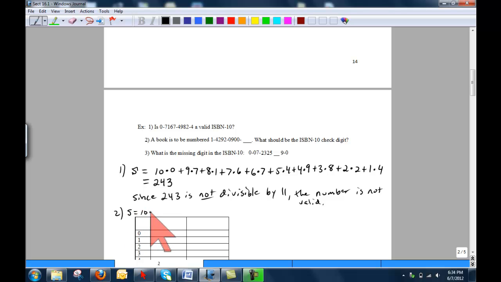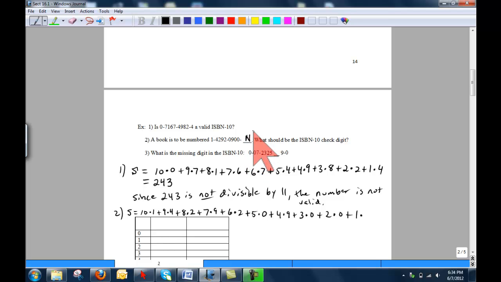So it's 10 times 1 plus 9 times 4 and so on, plus 8 times 2 plus 7 times 9 plus 6 times 2 plus 5 times 0 plus 4 times 9 plus 3 times 0 plus 2 times 0 plus 1 times.